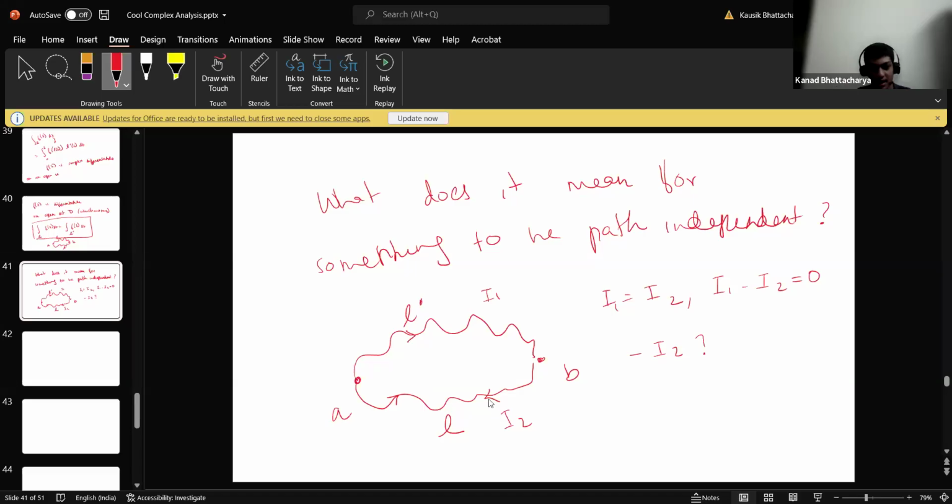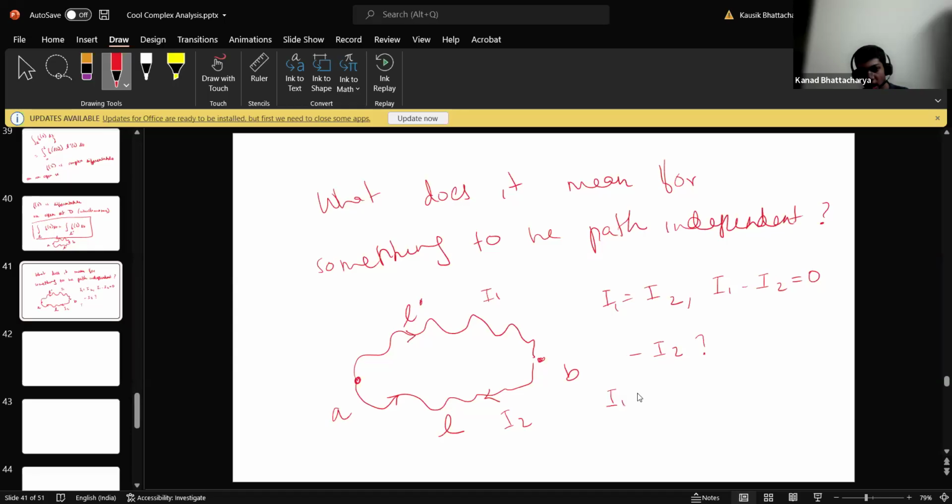In the first case, we were integrating from A to B, in this direction. So minus I2 means you're taking the integral from the opposite direction. It's just like in the real case, when instead of integrating over the interval from A to B, you're integrating from B to A. It's not really complicated.